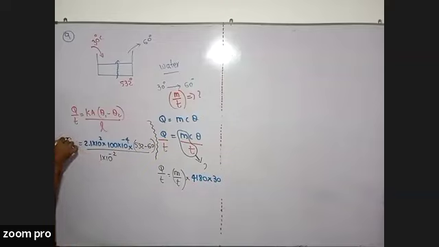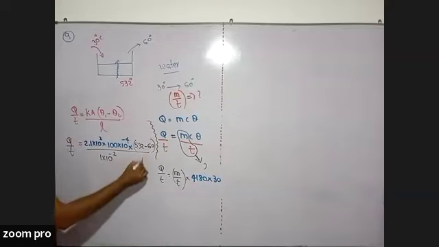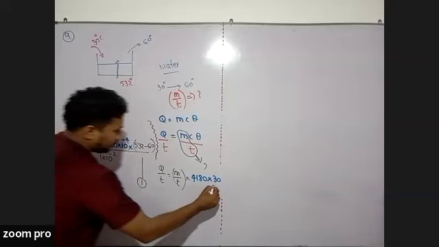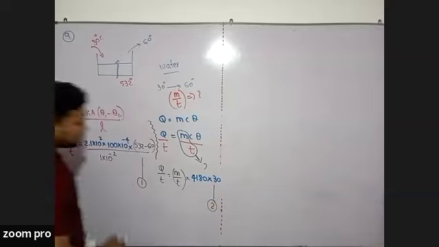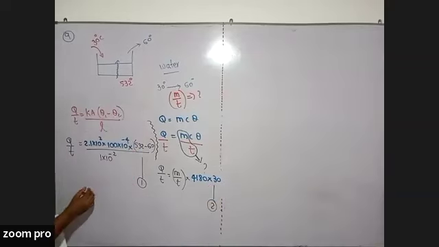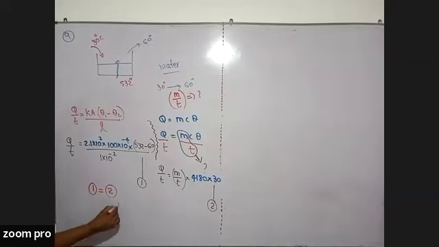Both these equations give the same value, isn't it? So we can equate these two equations to obtain a value for M over T.